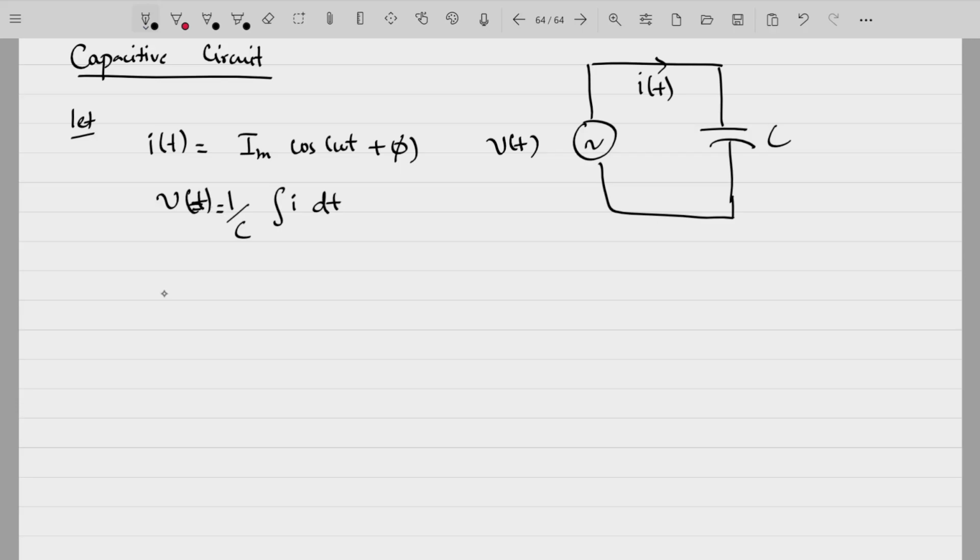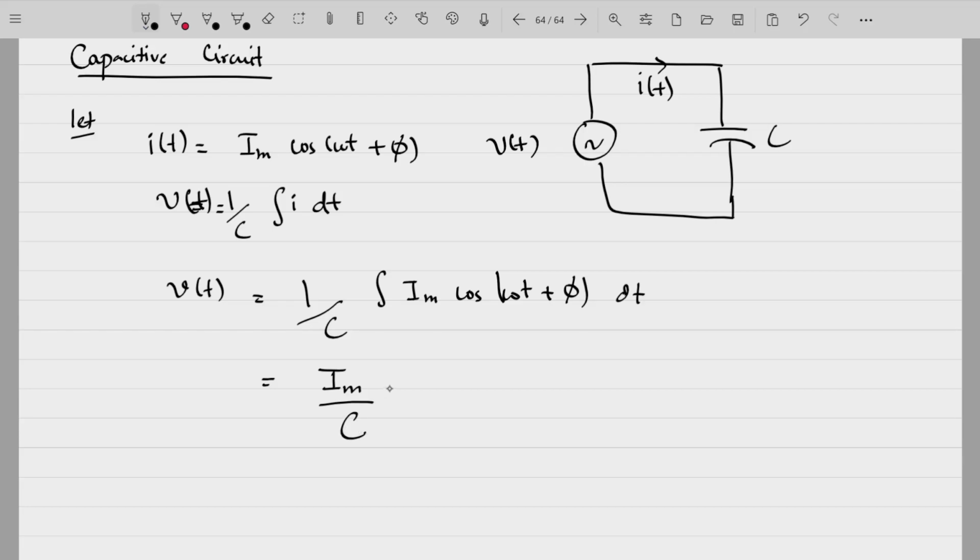So Vt is equal to 1 by C integral of Im cos of omega t plus phi dt, which implies Im by C integration sine of omega t plus phi, and because of the internal differentiation, we have to divide by omega.